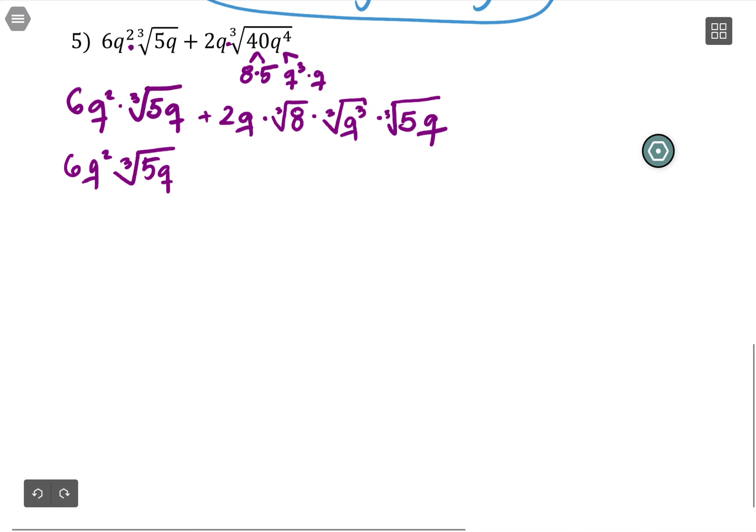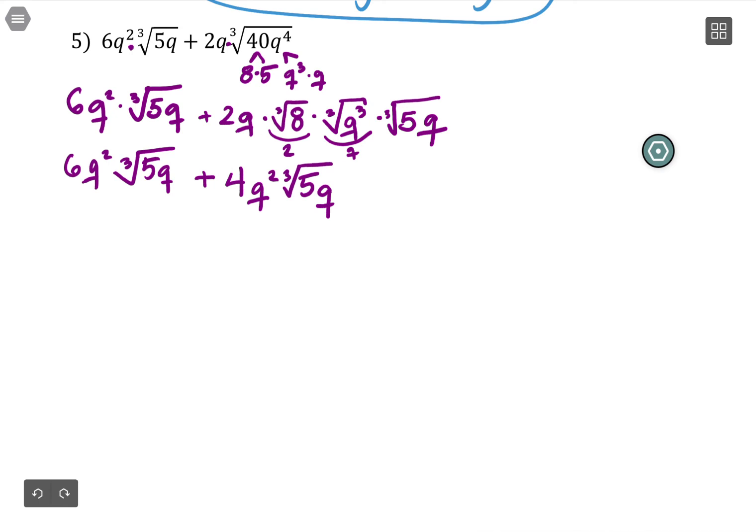And then cube root of 8 is 2. So when I multiply that in, remember they're all multiplied, I'm going to get 4 out in front. The cube root of q cubed is just a q. So I'm going to have a q out in front times another q, which is a q squared. And then the cube root 5q.